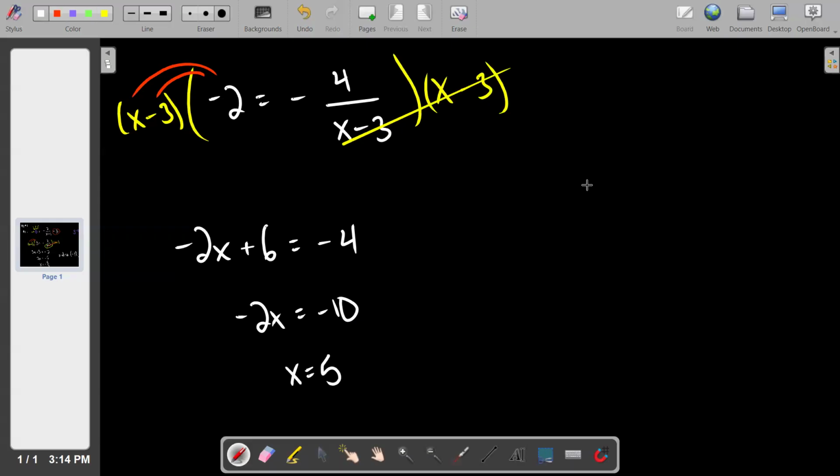That means that the graph will cross the x-axis at the point 5, 0. Rad, right? So with convenient, clean top-bottom rational functions, just set the top equal to 0. With these annoying ones that have the vertical offsetter, you've got to do a little extra grunt work. Got it? All right.